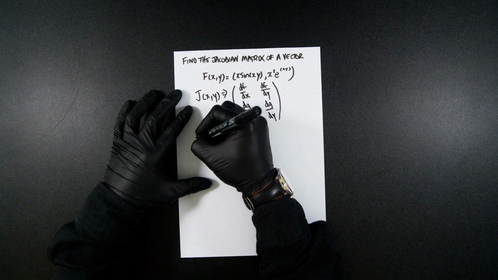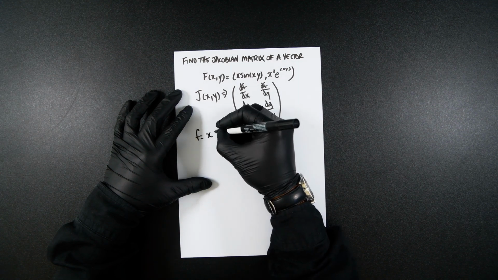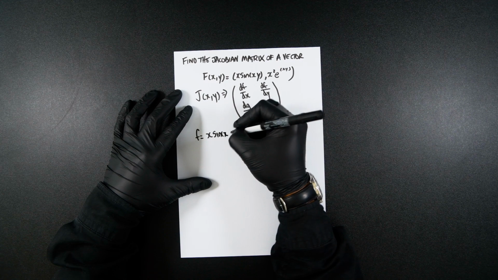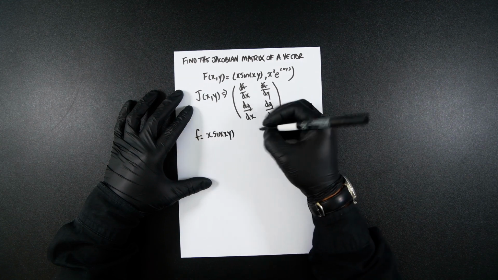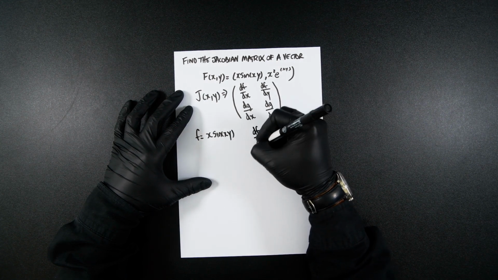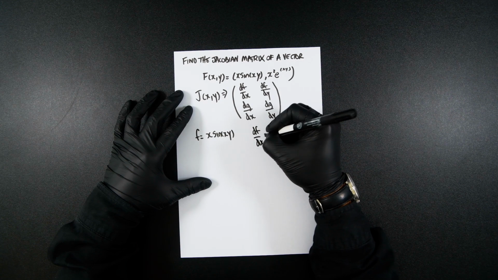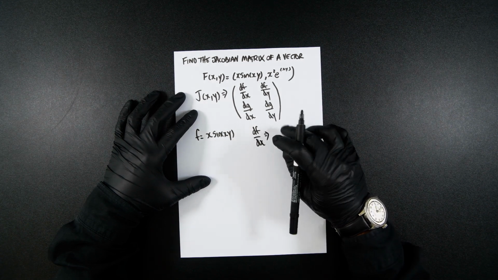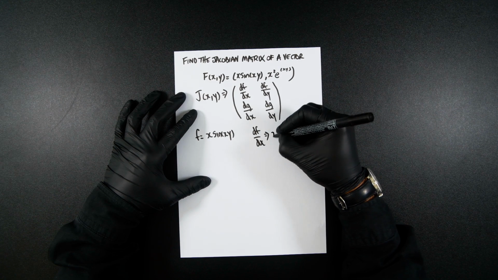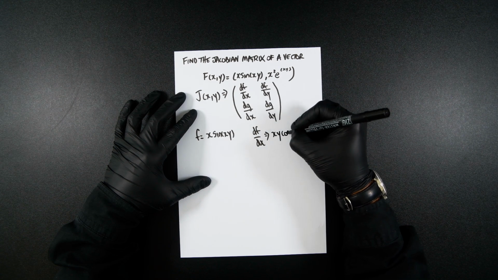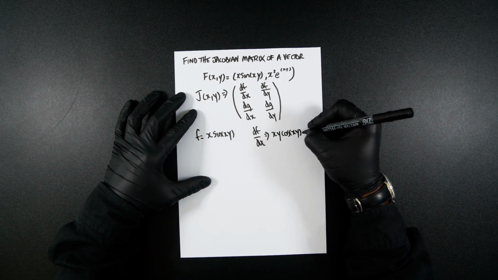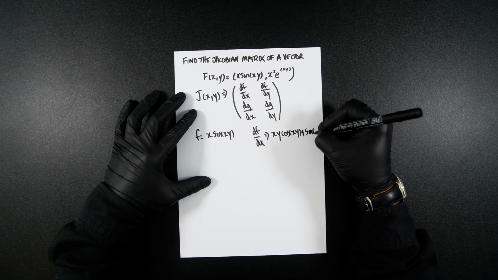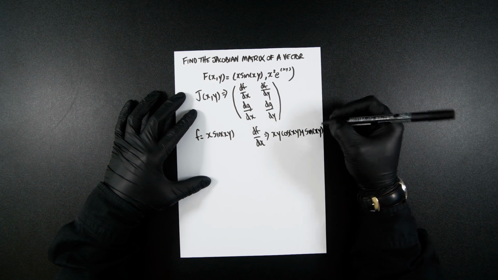So we know that f is x sine xy. And that means to do df/dx, we would use the product rule on this, and you would then get xy cos xy plus sine xy.